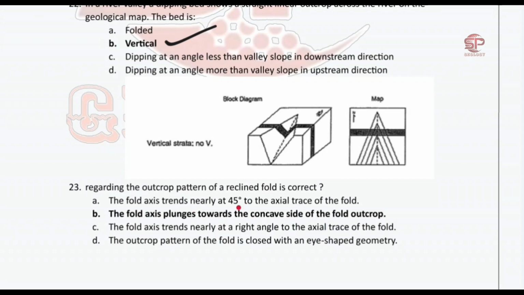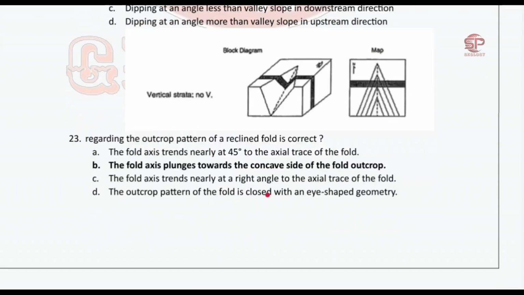So regarding the outcrop pattern of a reclined fold, which one is correct? The fold axis at nearly 45 degrees to the axial trace will be incorrect, because in case of a reclined fold, the fold axis should plunge in the direction of the axial plane. So both the trend of the axial plane and the fold axis should be the same.